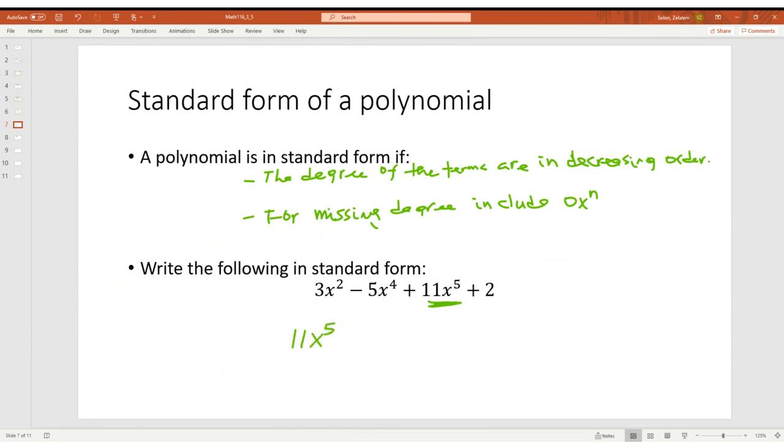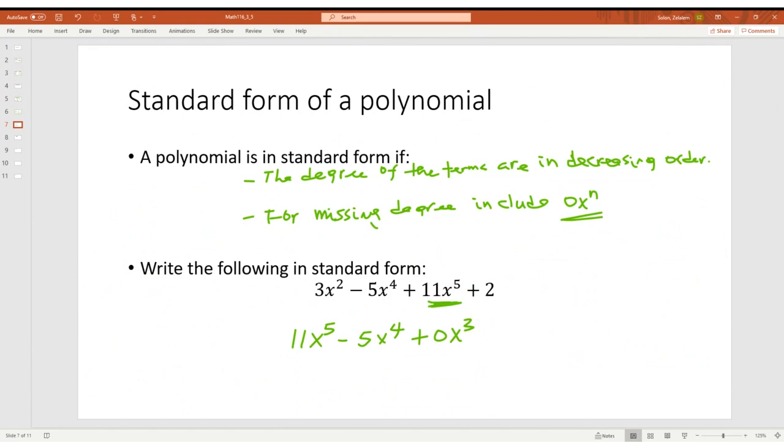From 5, the next number will be 4, so I have negative 5 x to the power of 4. Now, we don't have x to the power of 3. If you have a missing degree, you include 0 x to the power of n. In this case, we are missing x to the power of 3, so we have 0 x to the power of 3.